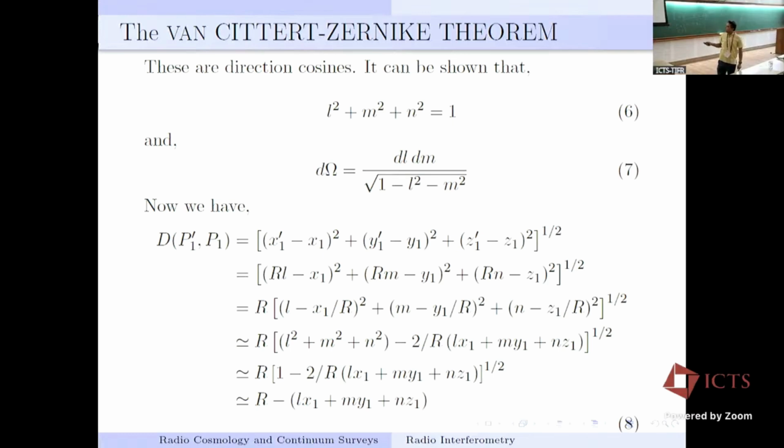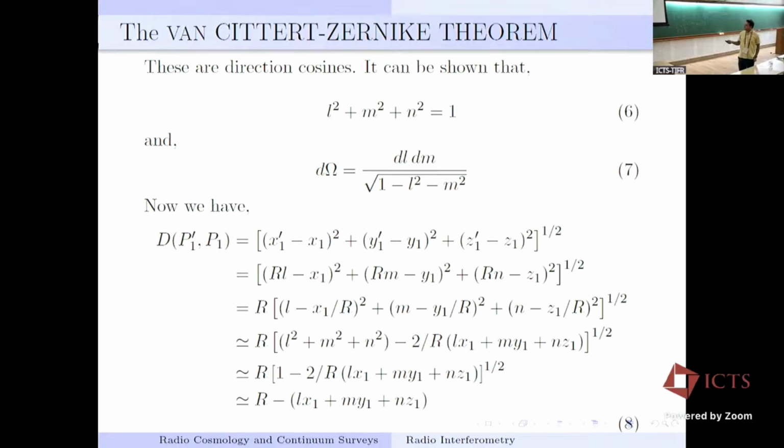So you can do a binomial expansion. 1 minus 2 by R to the power half would be 1 minus half into 2 by R. The 2 will cancel, so 1 by R into this term. Now 1 by R and this term R will cancel, so basically it will be R minus (L x1 + M y1 + N z1). This is clear? Okay, great.